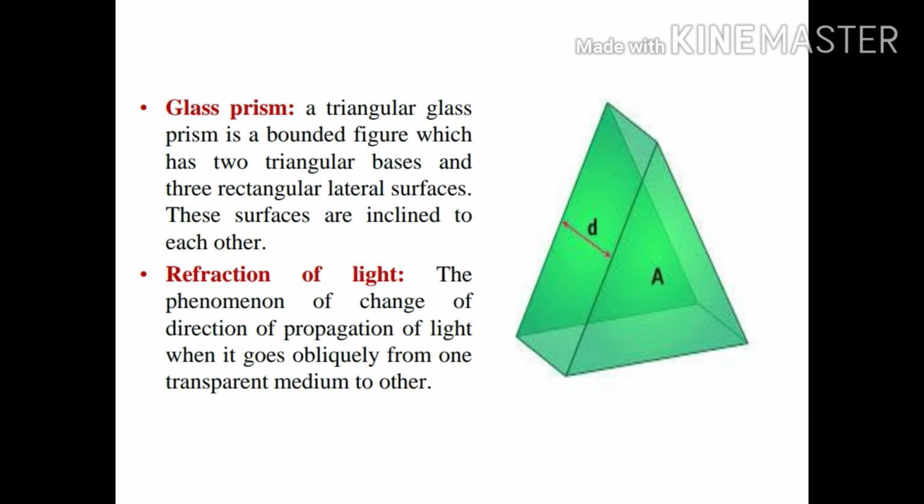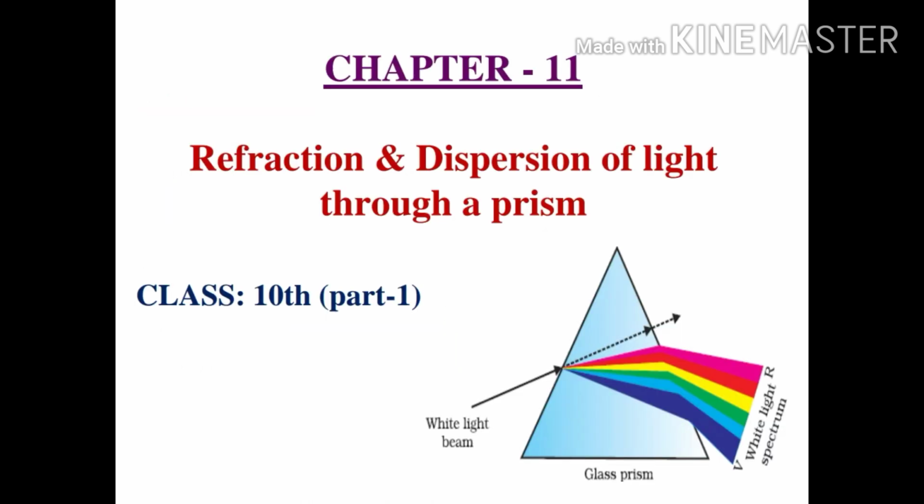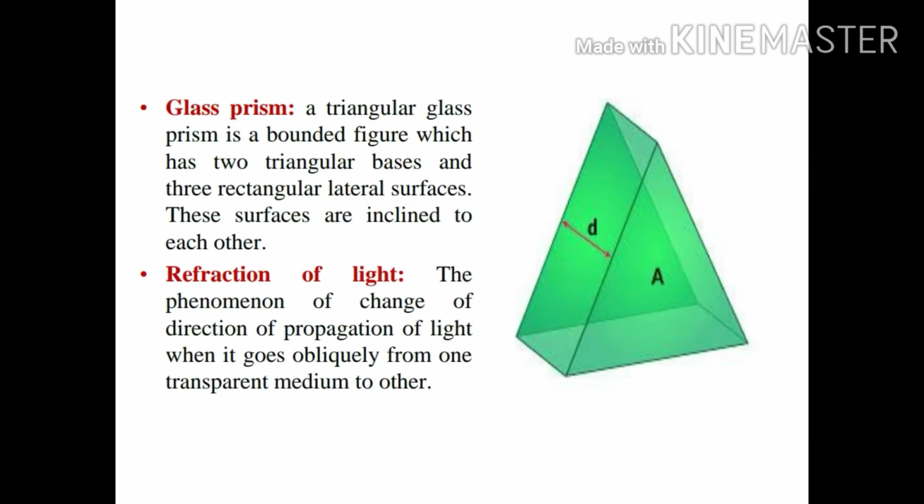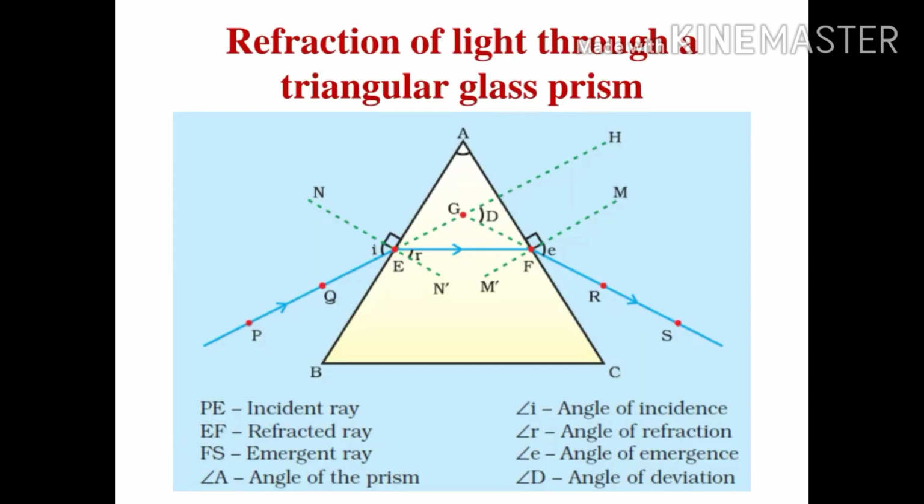Secondly, we already discussed refraction of light: the phenomenon of change of direction of propagation of light when it goes obliquely from one transparent medium to another is known as refraction of light. Now, this is Activity 11.1 in your NCERT book, that is refraction of light through a triangular glass prism.